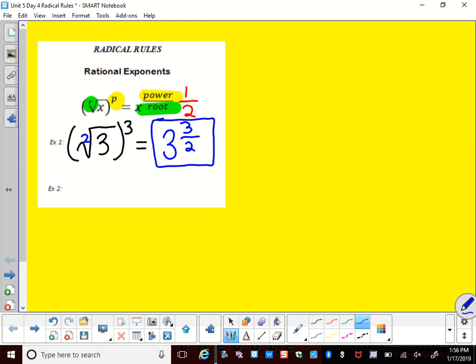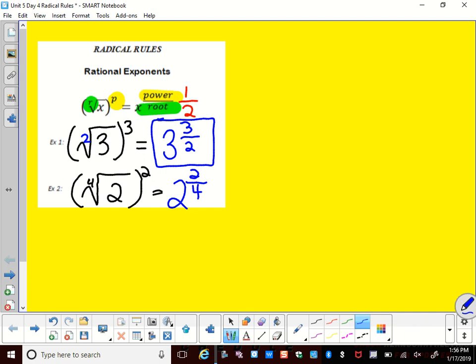Okay. My next example. If I have the fourth root of 2 to the power of 2. What's my big number that I need to write? 2. My power is 2. And my root is 4.